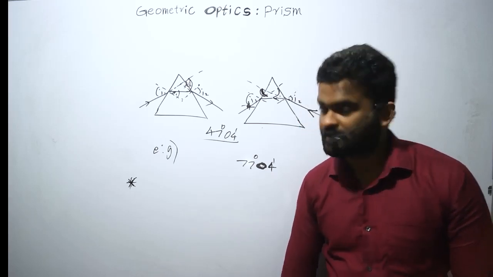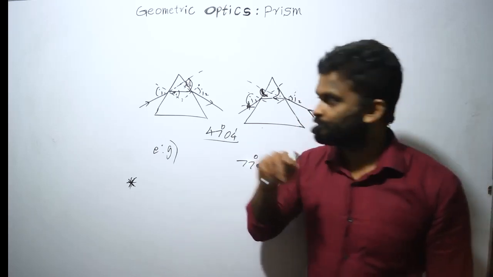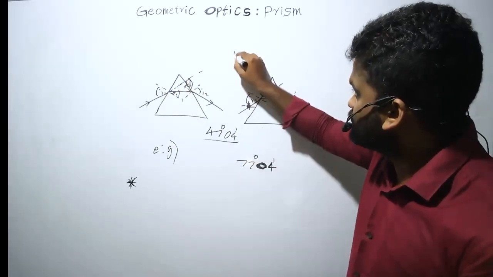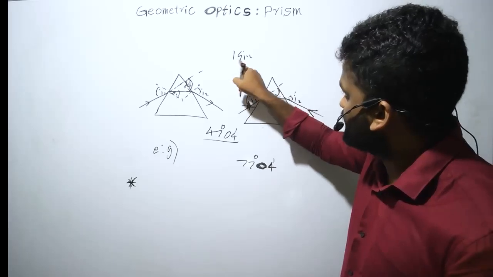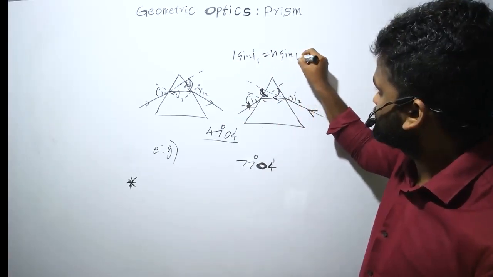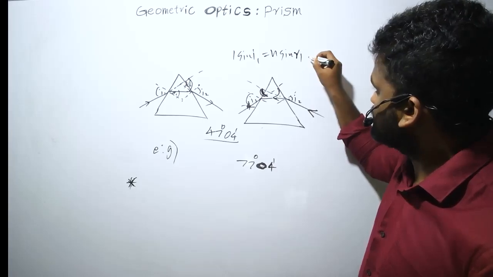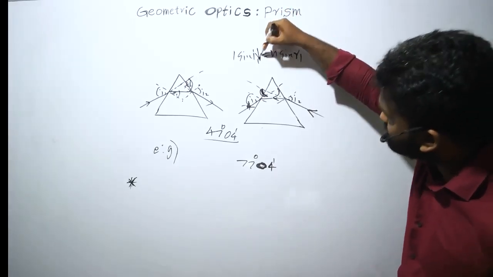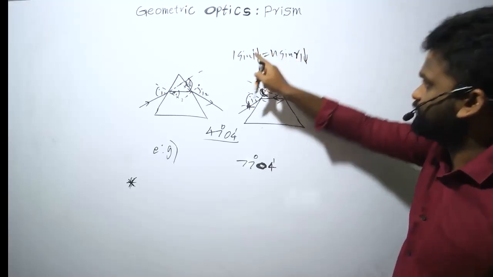Full stop. Why is that? Don't have to write it. So you know Snell's law: sine I1 equals n times sine R1, right? So from this equation you can understand when I1 decreases, R1 also should decrease, right?